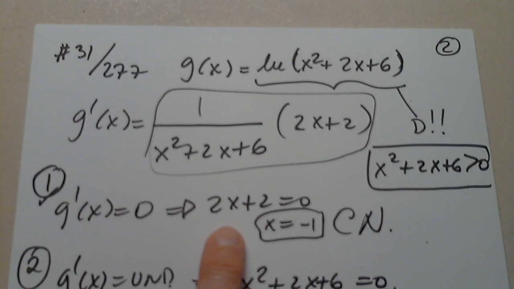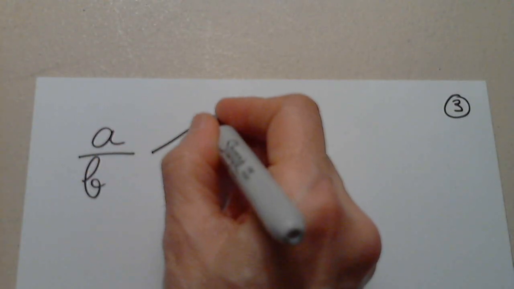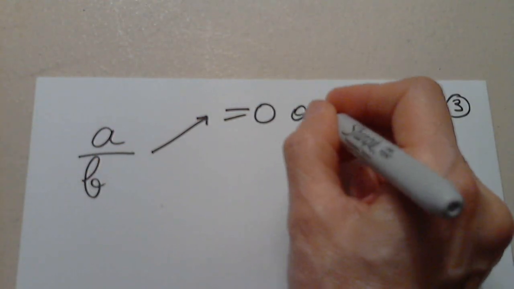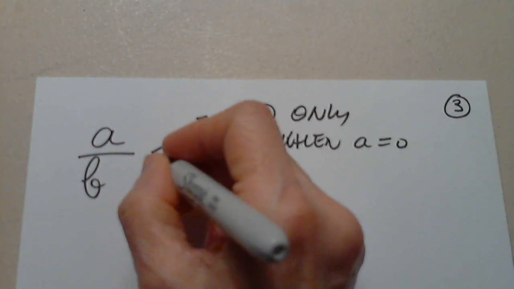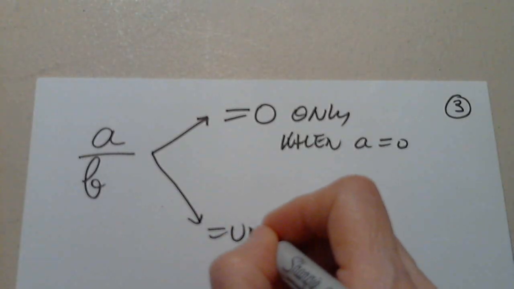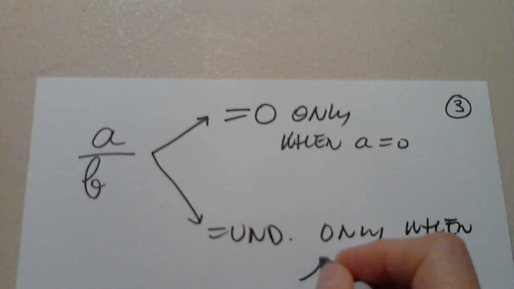And then for the second we used x squared plus 2x plus 6. Very good. Perfect. A divided by B is 0 only when A is 0, and is undefined only when B is 0.